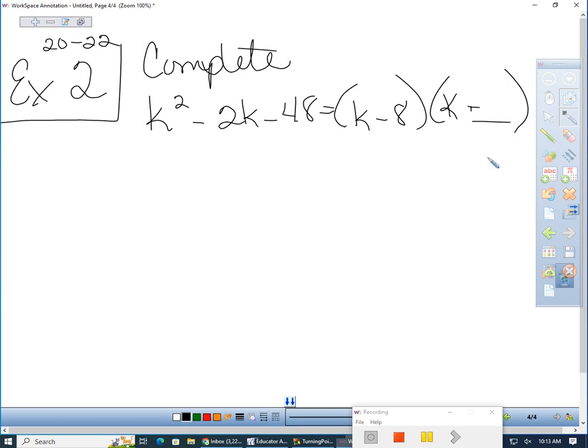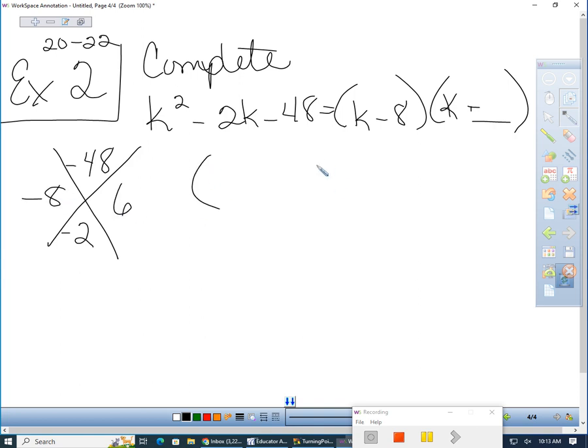However, to do that, we still have to do the x. Just like every other one, can I take out a greatest common factor? No. So I draw my x. What number is going to go on the top of my x? Good. What number goes on the bottom of my x? Good. The sides of my x are? Good. Negative 8 and 6.